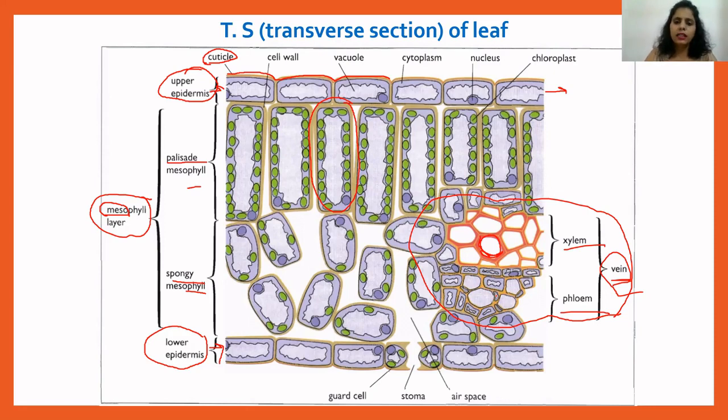So these are actually the parts of the cross section of a leaf, or you can say transverse section of leaf.